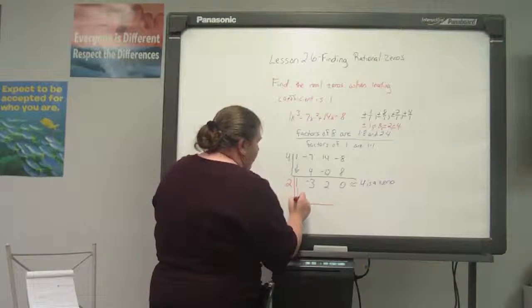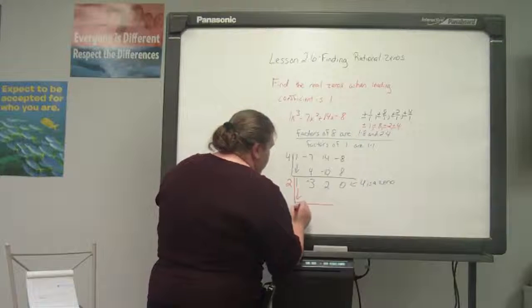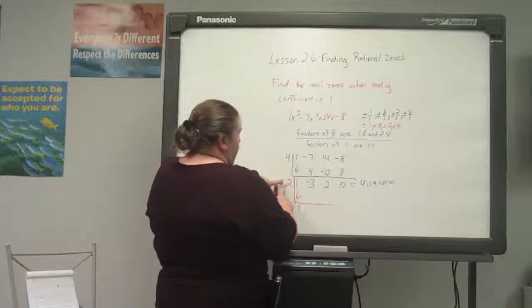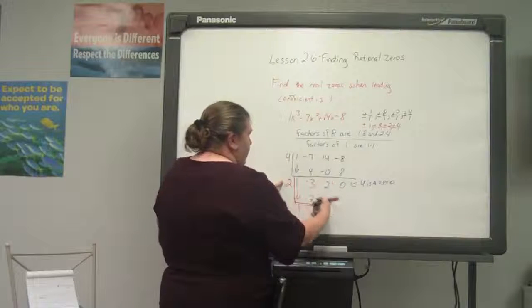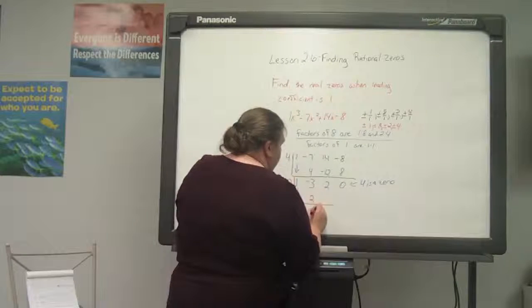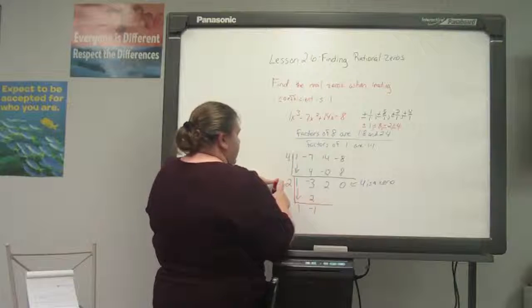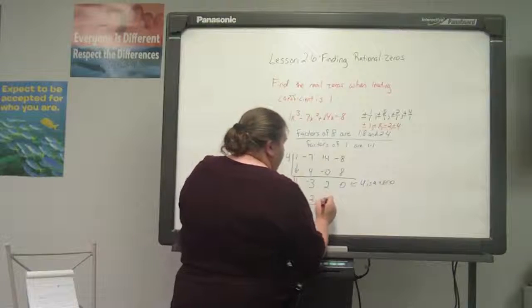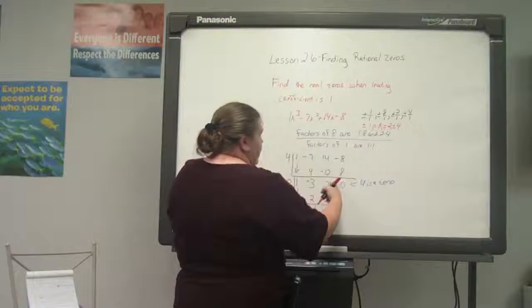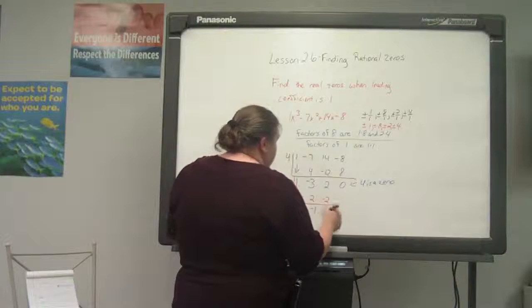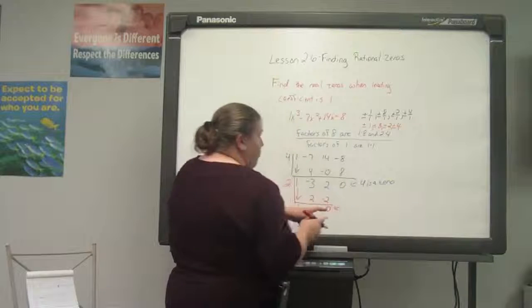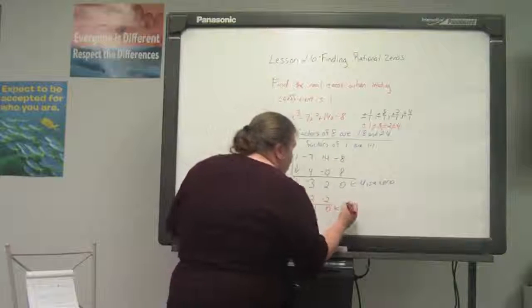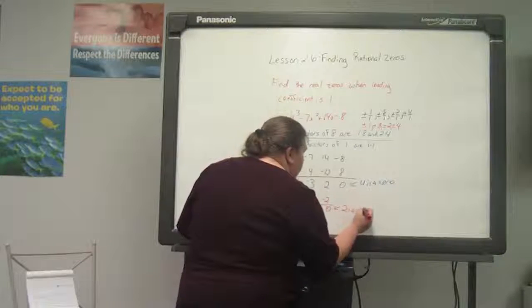We're going to bring down the first number, which is 1. Multiply outside. 2 times 1 is 2. Add inside. A -3 plus 2 is a -1. Multiply outside. 2 times a -1 gives us a -2. You add inside. -2 plus 2 is 0. So again, my remainder is 0. So 2 is a zero.